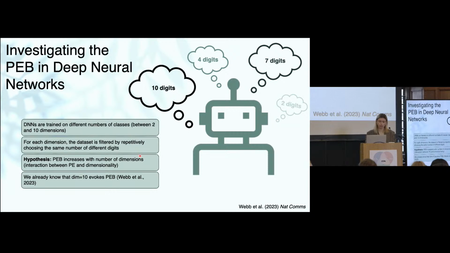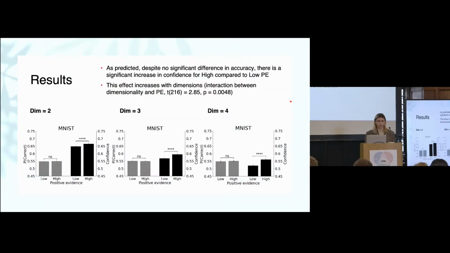We already know from the Webb and colleagues paper that for 10 digits there is a strong positive evidence bias. So here we're asking whether, if we decrease the number of classes, the effect will become weaker and weaker. And this is what we see.